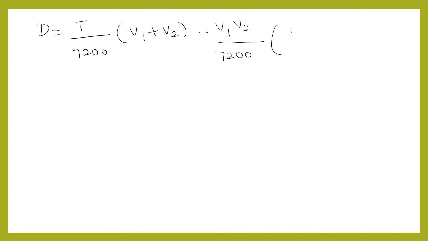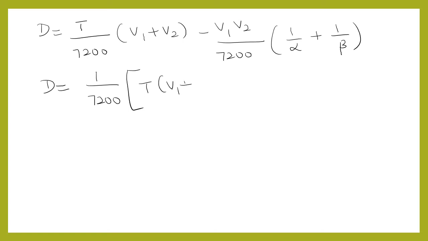So we get D equal to T by 7200 into V1 plus V2 minus V1 V2 by 7200 into 1 by alpha plus 1 by beta. Therefore, we get the distance travelled D equal to 1 by 7200 into T into V1 plus V2 minus V1 V2 into 1 by alpha plus 1 by beta.